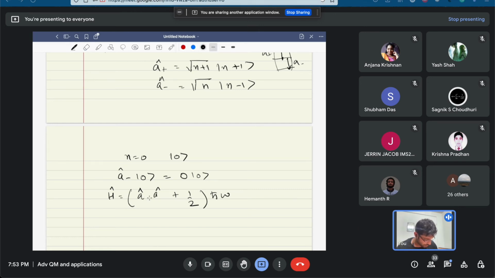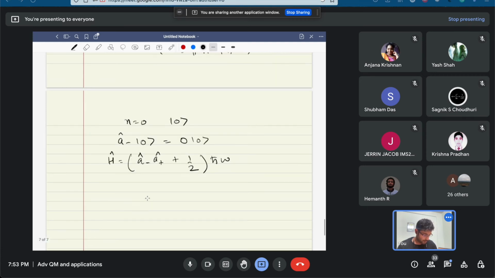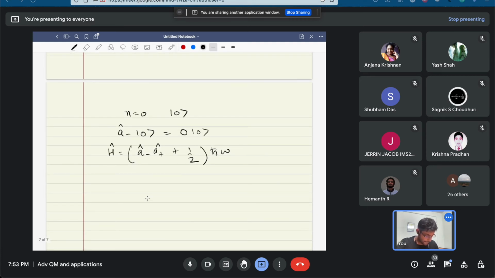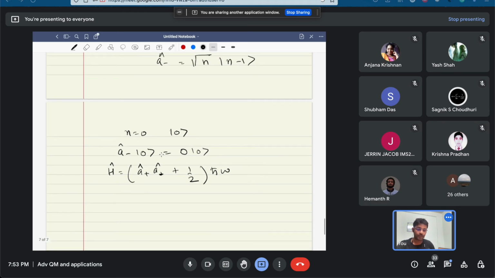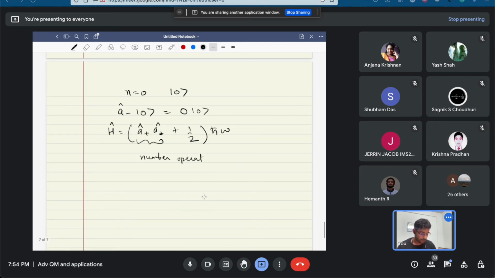It's supposed to be minus plus. I'm just getting a bit confused here, so I'm sorry about this. I can be wrong. What one does is, this is actually the number operator. I will have to check which sign comes first. Probably the minus comes first, but it's fine.